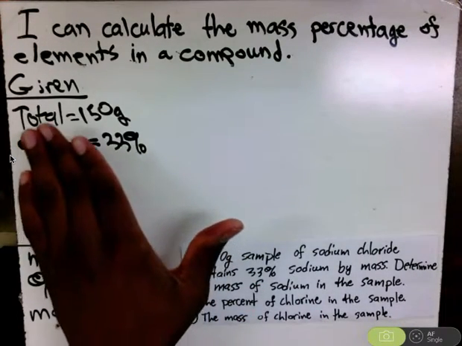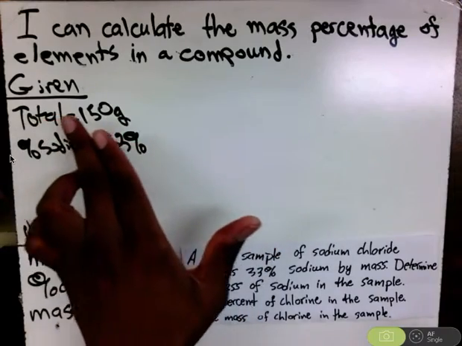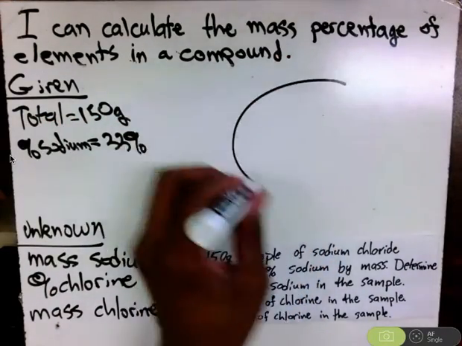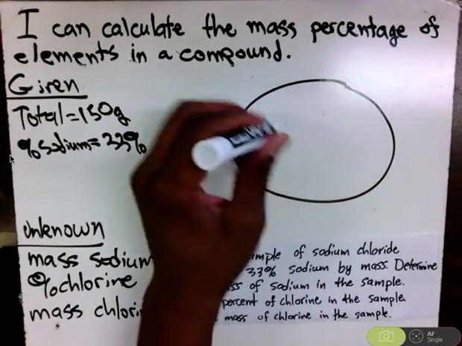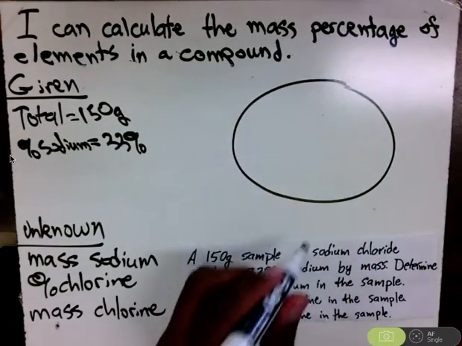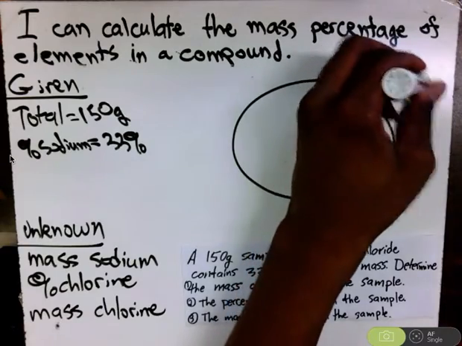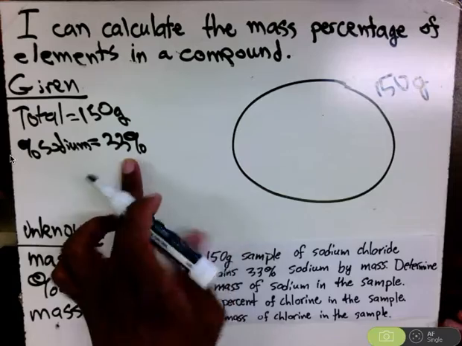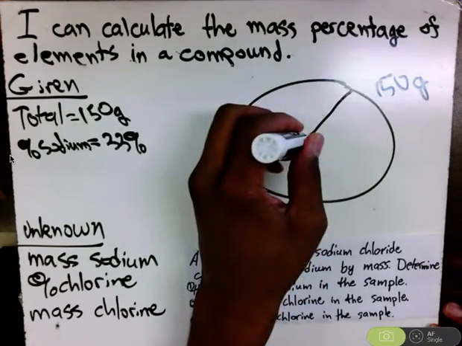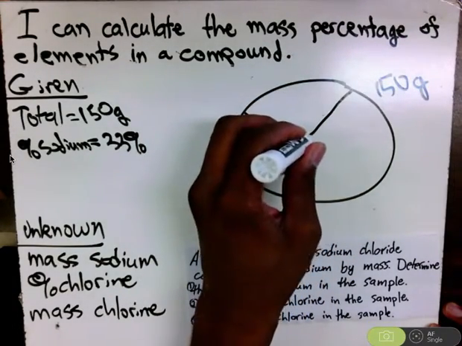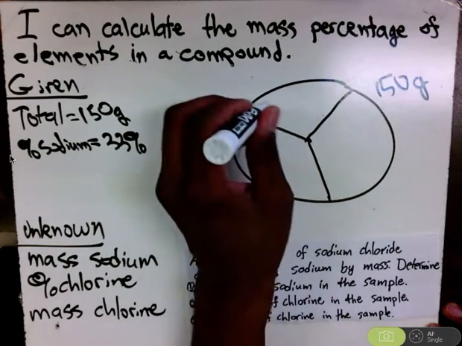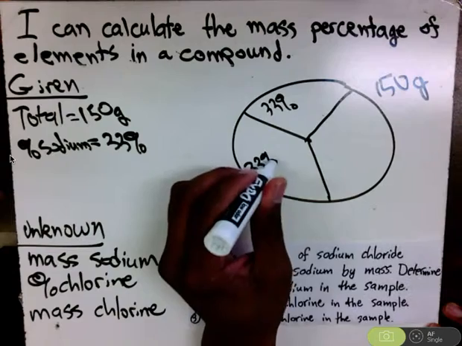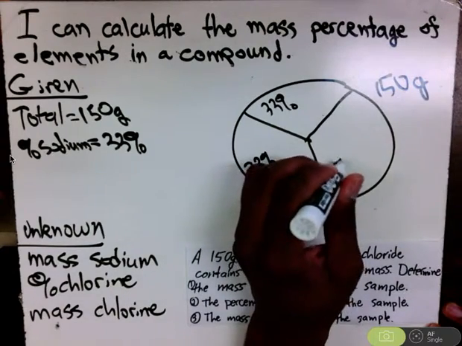Here's how we find the mass of sodium. If our total mass of the sample is 150 grams, let me make a little pie chart. Our total is 150 grams. That's my total. 33% of it is sodium. So if I were to divide my pie chart into thirds, each one is 33%. 33% here, 33% here, 33% here.